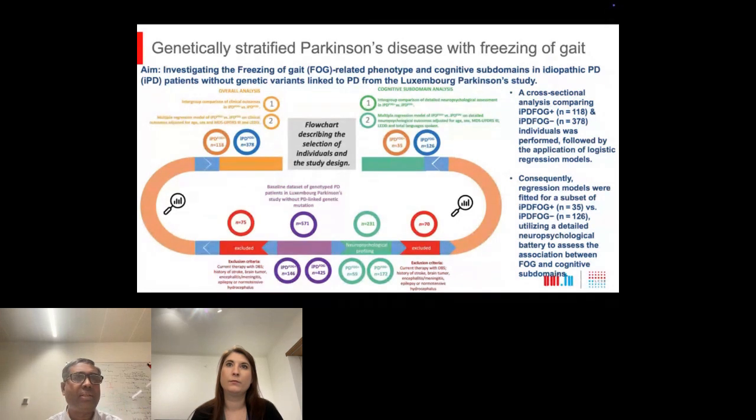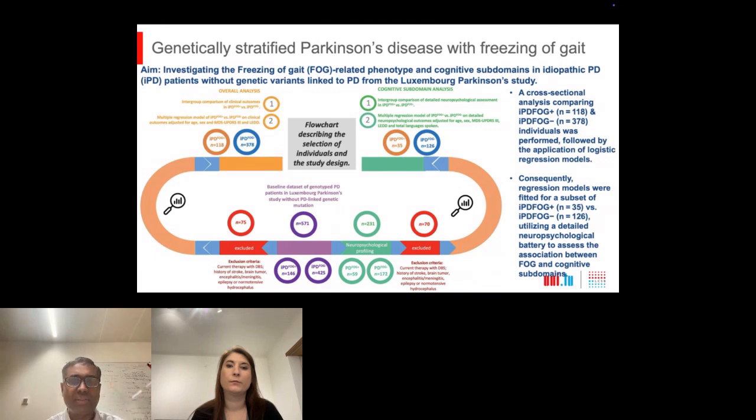The aim of this study is to investigate the freezing of gait on the cognitive subdomains, especially whether there is any correlation between the freezing of gait and cognition in idiopathic Parkinson's disease patients. Idiopathic patients means we don't know the cause of the disease, so patients without any genetics linked to PD.